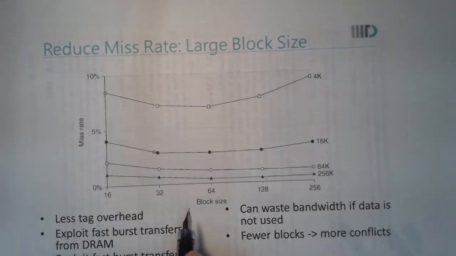Every time we need to bring in something from memory, we bring it in a very large block. That can be one strategy, but if your data is not in that large block for some reason, then you will be wasting a lot of energy in bringing a large block and not getting the useful data which you are looking for.